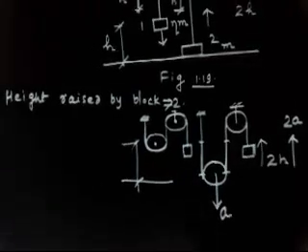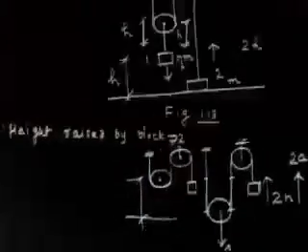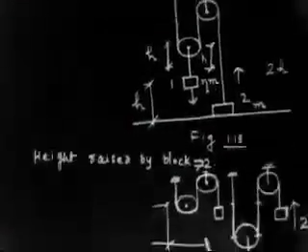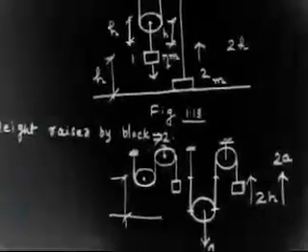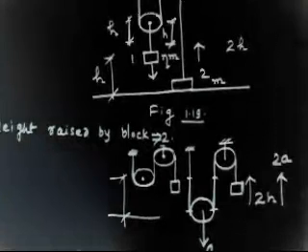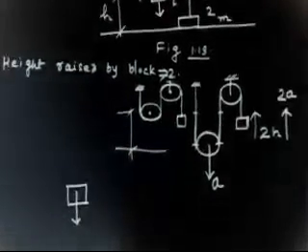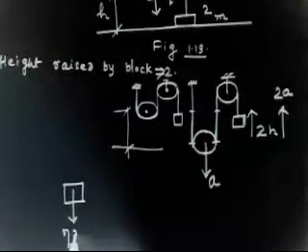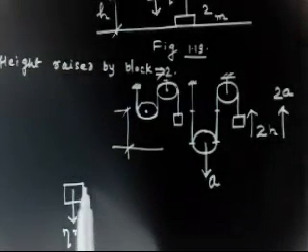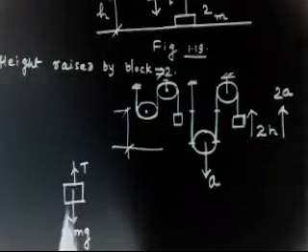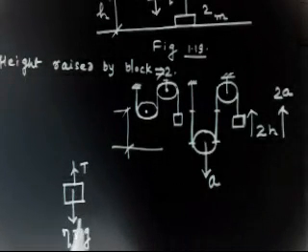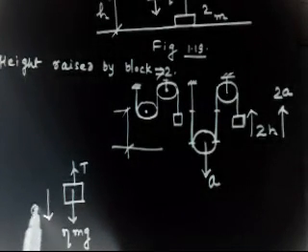If I write the equation of motion, let us say for this object with mass, what are the forces acting? I think you have copied this one. For this mass, in the downward direction you have the force eta mg, and in the upward direction you have the tension T, and this object is going down with acceleration a.